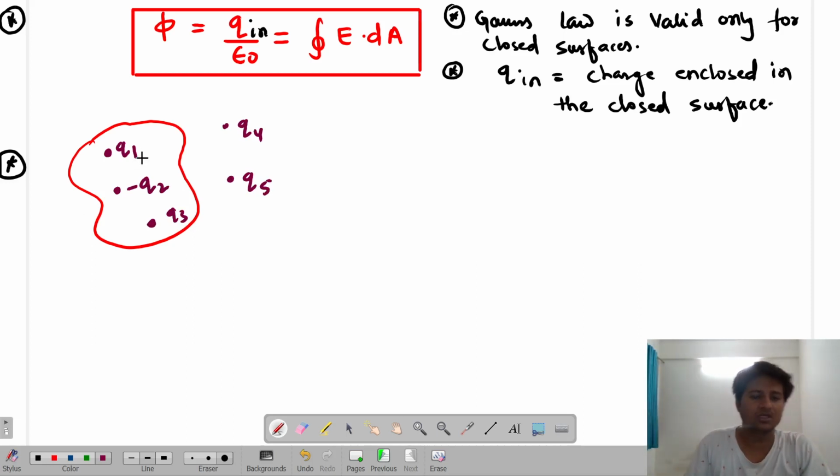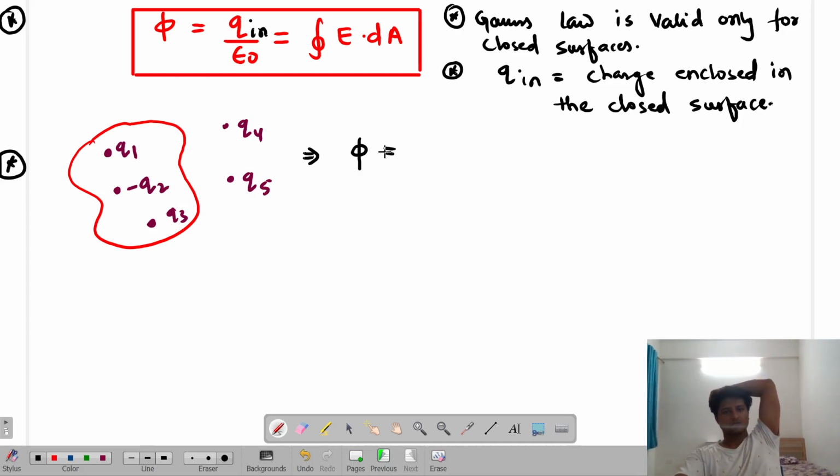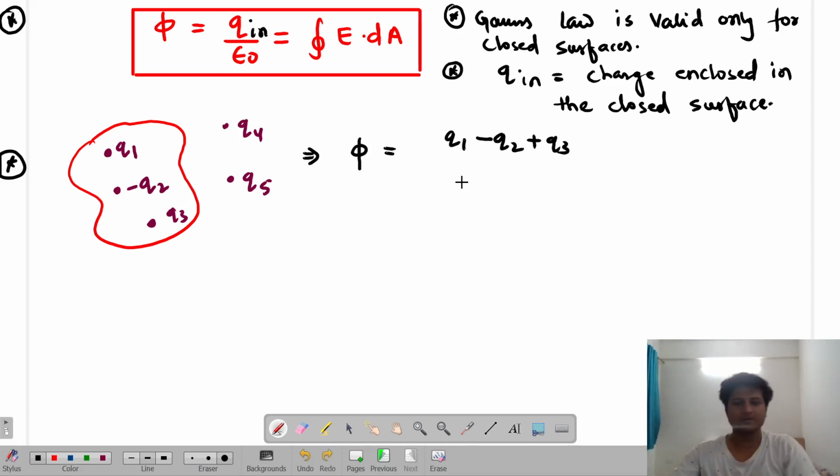And if I have drawn this closed surface including three charges, okay, so the flux over here will be only defined for those charges which are enclosed. Are you able to get me? So net flux will be what? Charges enclosed divided by epsilon. Is that clear or not?